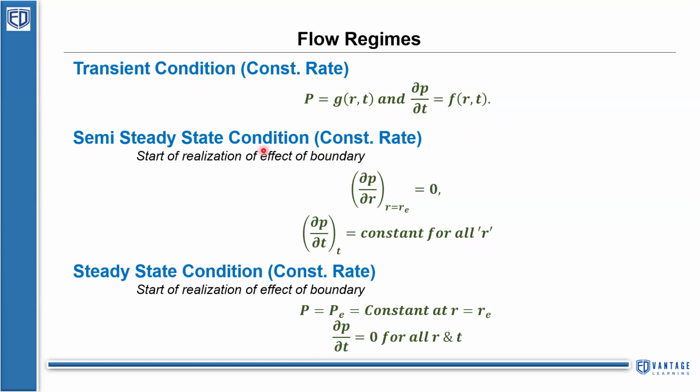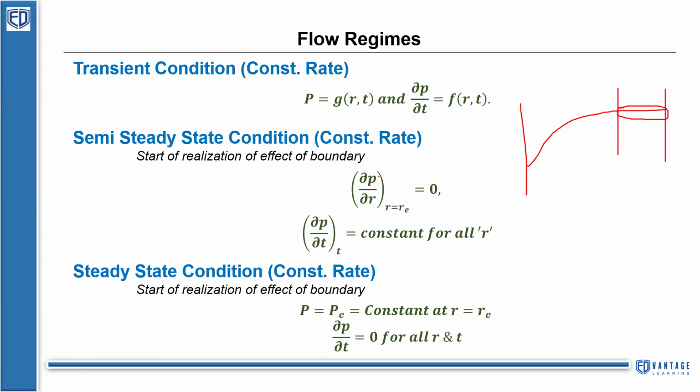In semi-steady condition, the actual pressure transient is realizing the effect of boundary. It is starting to realize. So if you look at the pressure change with radius at a typical extent of the radius, that will be 0. That means if your well is here, your investigation radius is here, it is increasing, and between these 2 points the pressure response is constant.